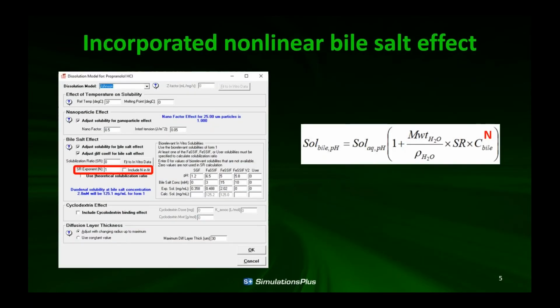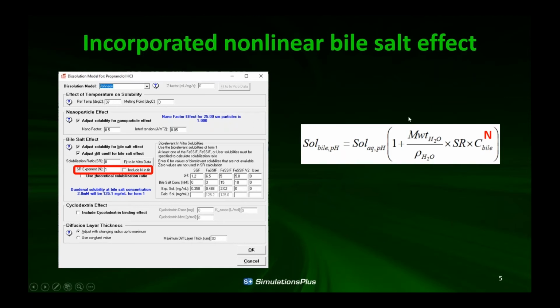We also included the exponent term, which we call N. With this parameter, we could incorporate the nonlinear biosalt effect. Without this, in previous versions, the model has a linear biosalt effect.